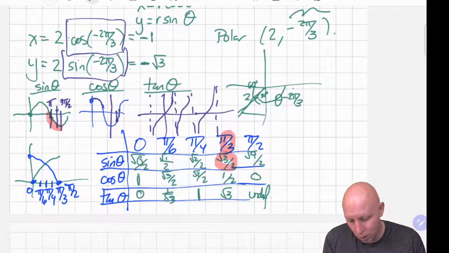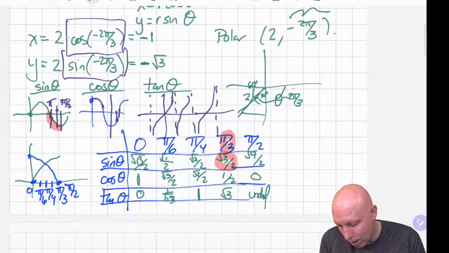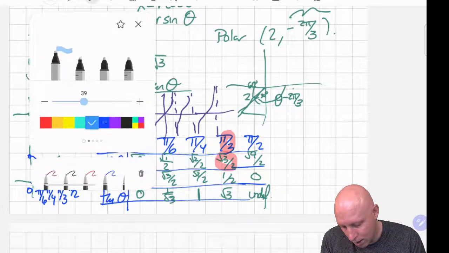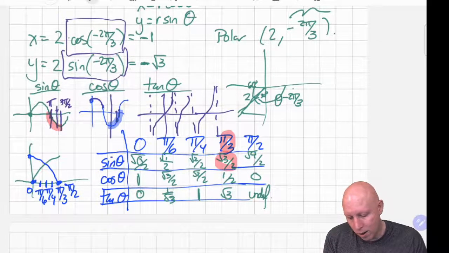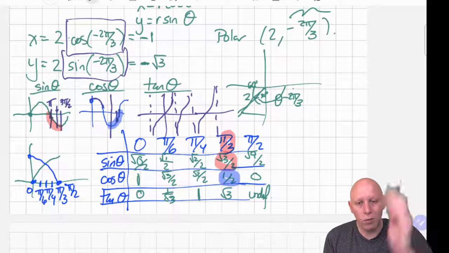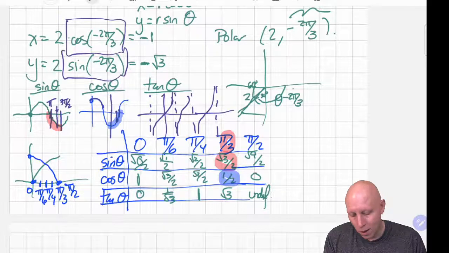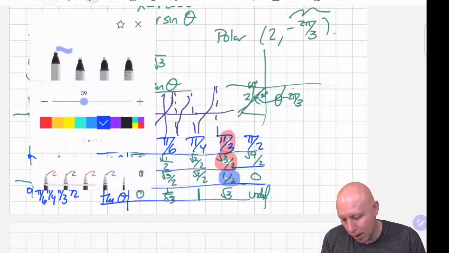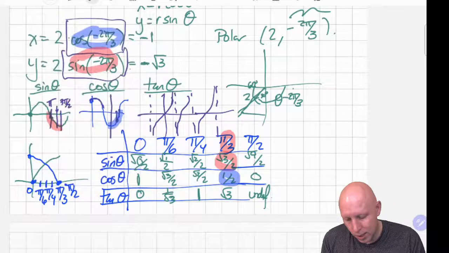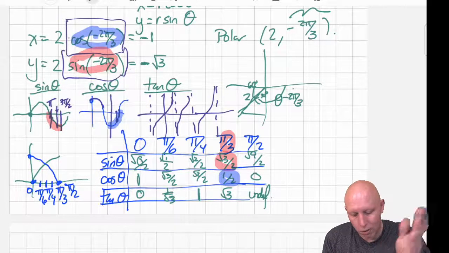And when we are on the upswing here, we go from negative 1 up to negative 1/2 at that point. So we're seeing that cosine of negative 2 pi over 3 is negative 1/2, whereas sine of negative 2 pi over 3 is negative root 3 over 2.